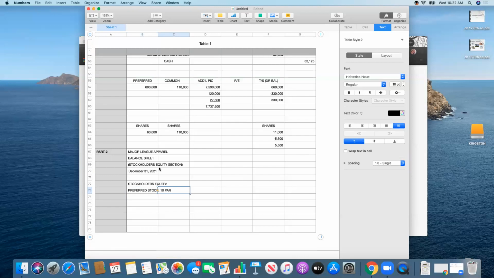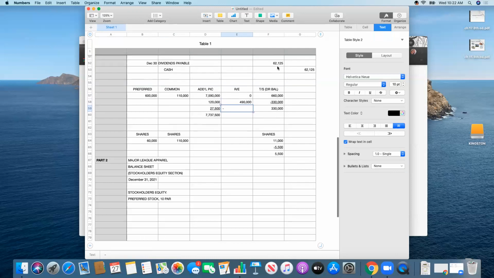Oh, one thing we should have done: we didn't figure out the balance in retained earnings. So what's the balance of retained earnings? It's the beginning balance, in this case, new company at 0, plus net income. Net income was 490 minus dividends. The dividends was 62,125.